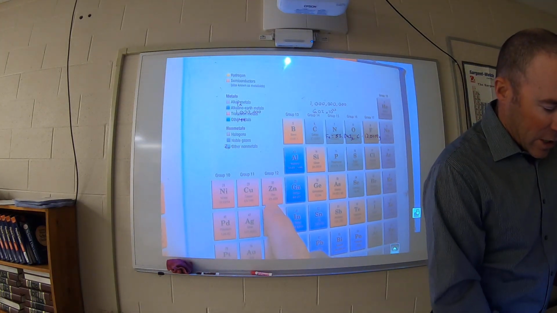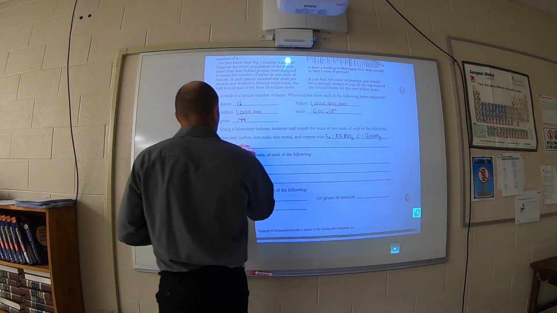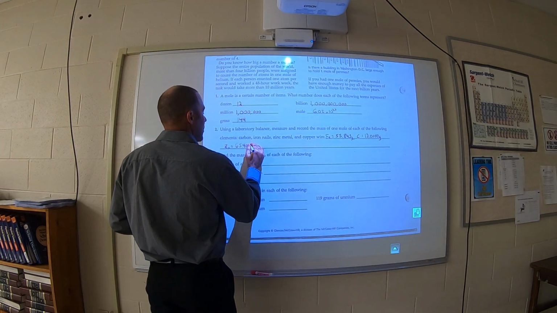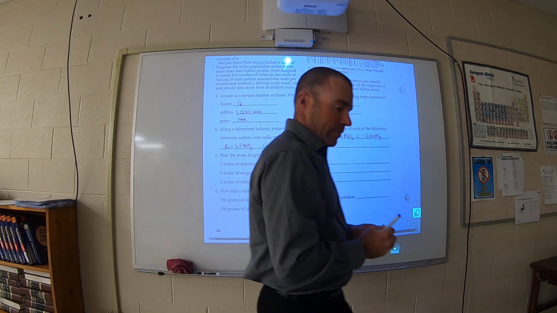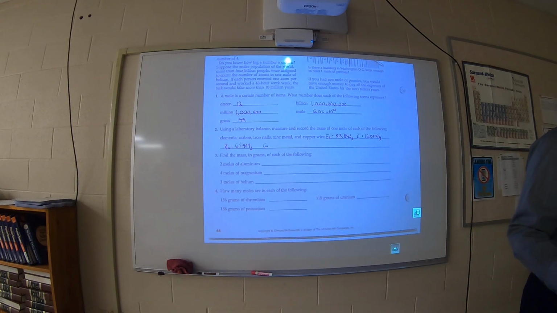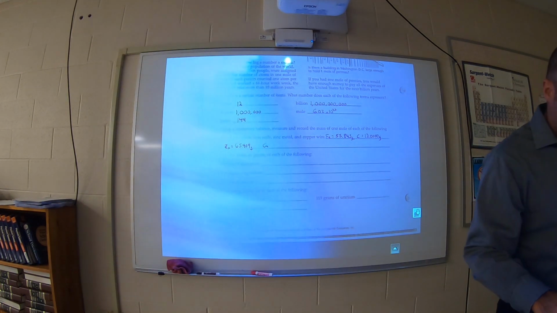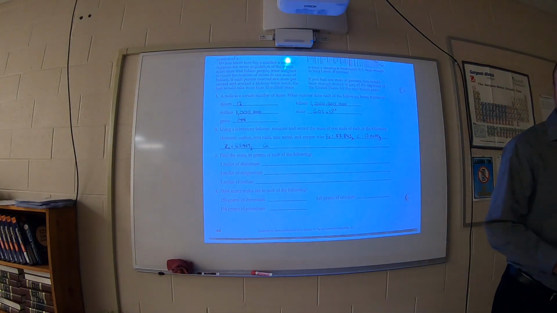It has a mass of 65.409 grams. And then copper is Cu. Copper's right here, has a mass of 63.546.